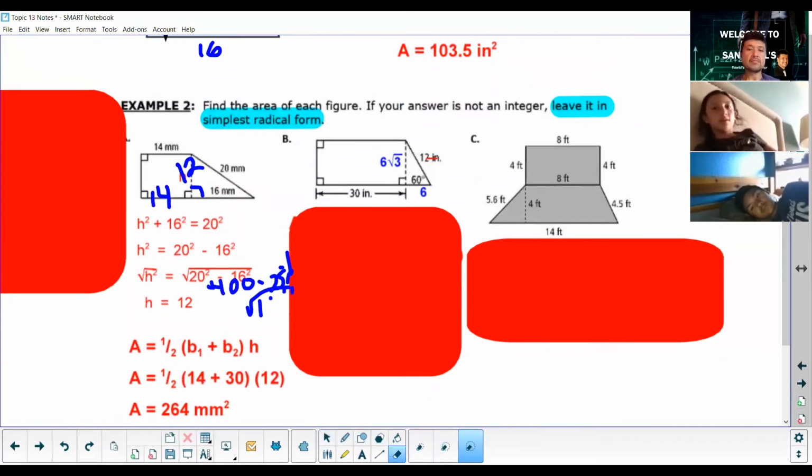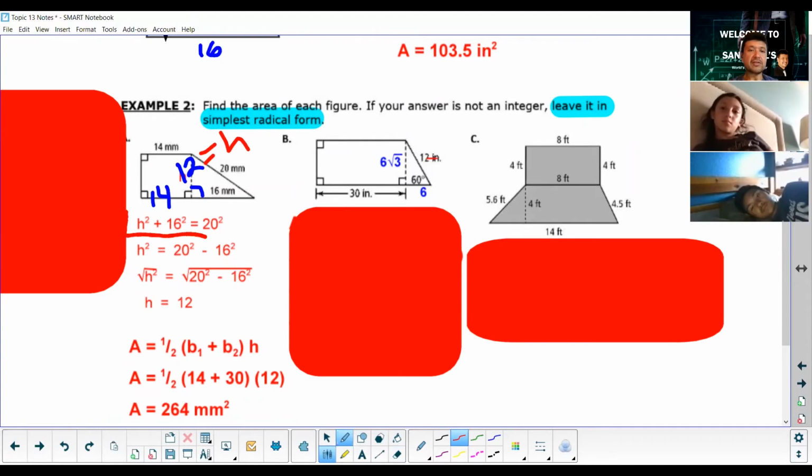Well, I was a bit confused with A. Okay, let me go through it again. That was height, right? To get this height, there's this famous theorem called Pythagorean, which is this one here. And that theorem gives you the ability to actually solve for H. So that's H. This is base 1.